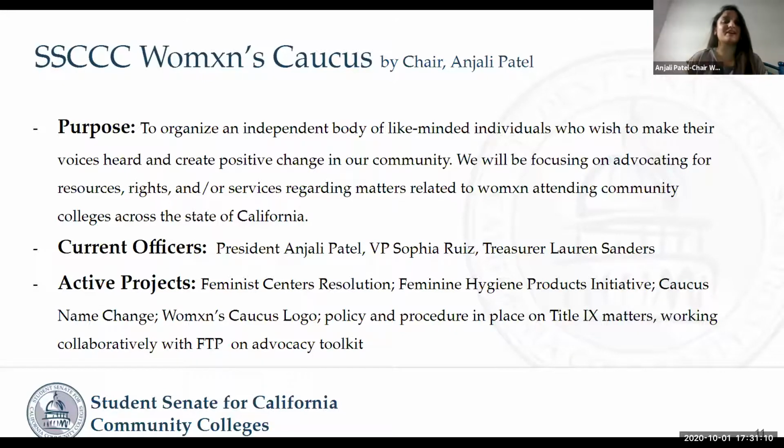We are forming an advocacy toolkit for all the people in future as well. These are some of the projects that we are currently working on and will be working on. We will try to work more to provide basic needs for all women in general, and advocate for all students' basic needs, particularly women's. Yeah, that is something that we are working on.